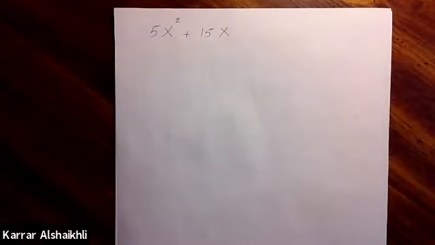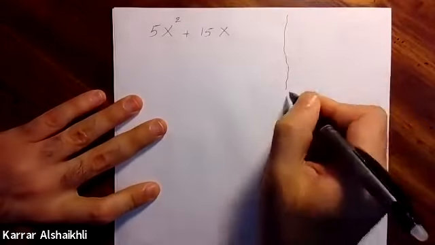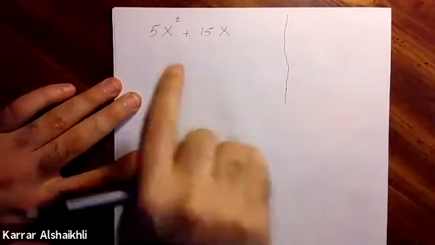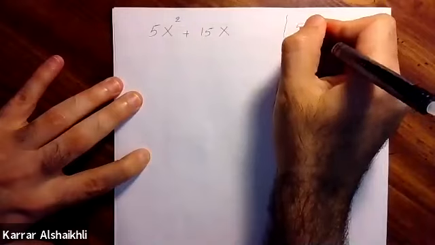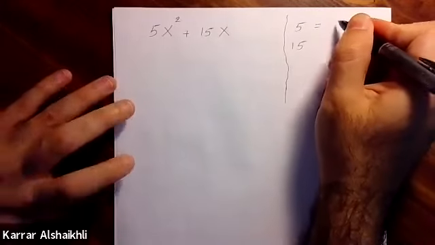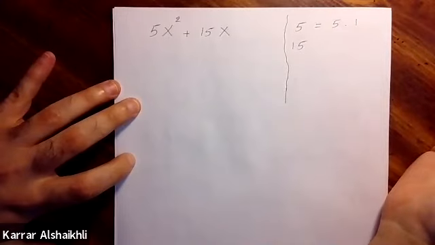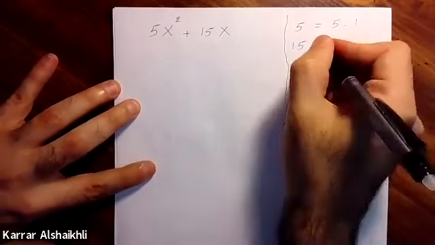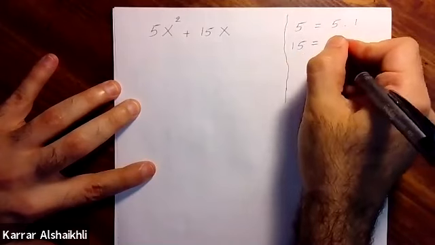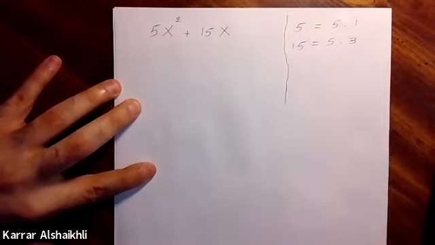Before you move into step 2, check if there is a GCF. So I'm going to take the numbers on the side, which are 5 and 15. I'm going to start with numbers. 5 is only 5 times 1. That's it. You can factor it to the smallest number. 15, you're going to say 5 times 3. So the common between the numbers is the 5.